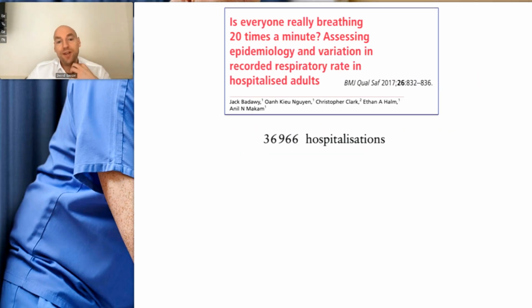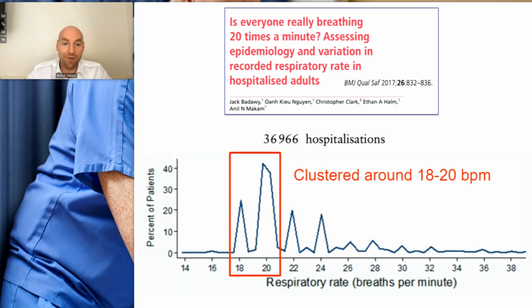If respiratory rate is measured, it is very, very often measured incorrectly, and this is provocatively reflected in this study. More than 35,000 hospitalizations, and if you look at the respiratory rates of the patients, they are surprisingly clustered around respiratory rates of 18 or 20, which is not physiological, of course, because everybody has different respiratory rates, often maybe 17, 21 or whatever.